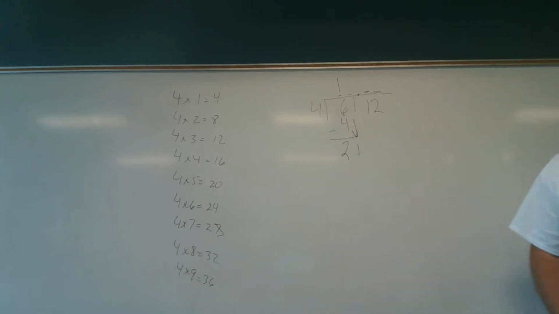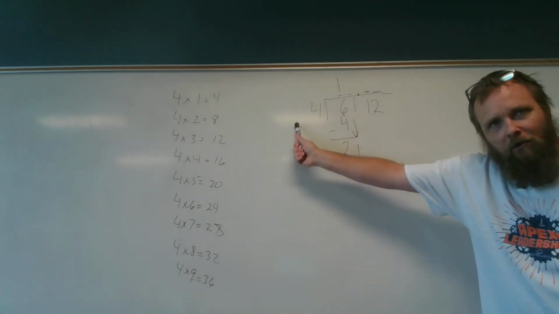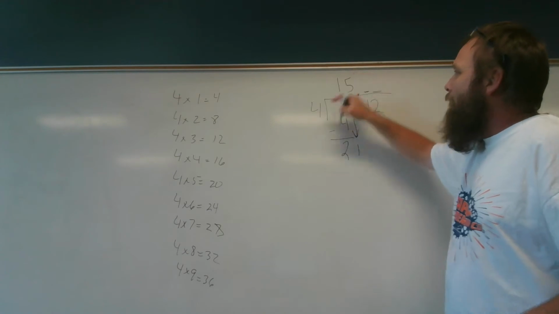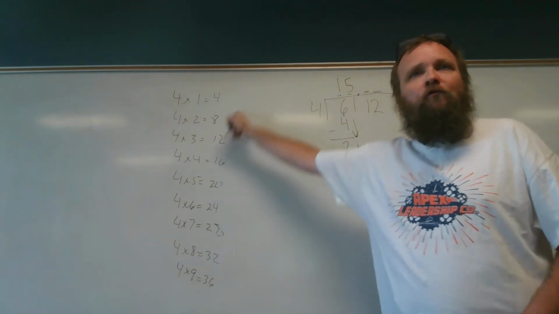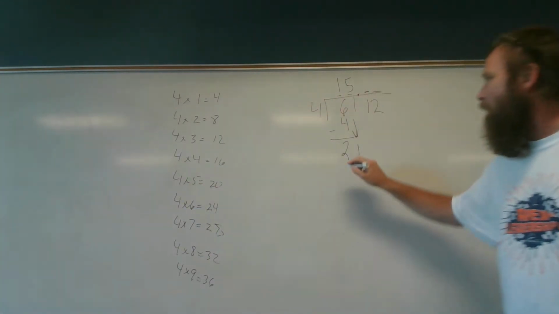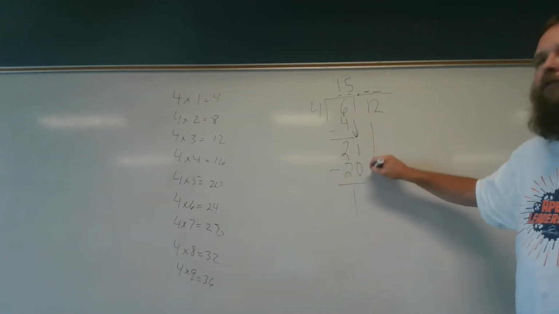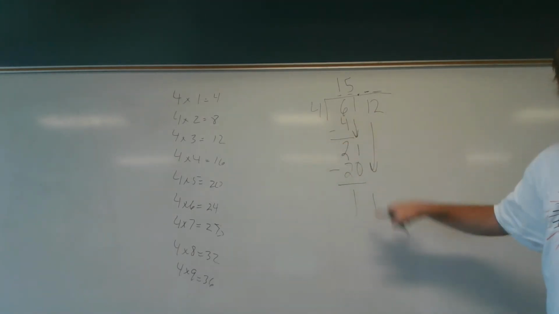All right, now Chase. 4 goes into 21. How many times? 5. I have my handy dandy multiples over here. I know that 4 times 5 is 20. That equals 1. Bring down the 1. Chase, 4 goes into 11.